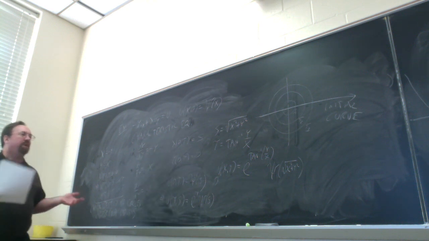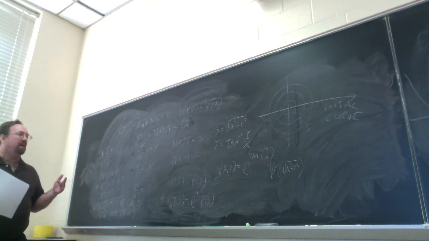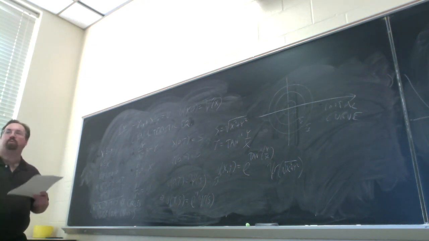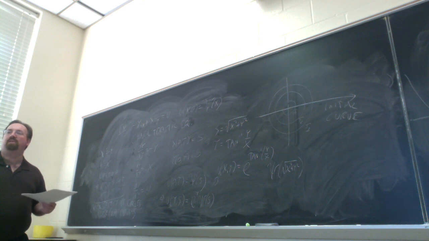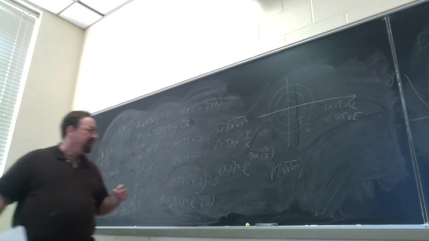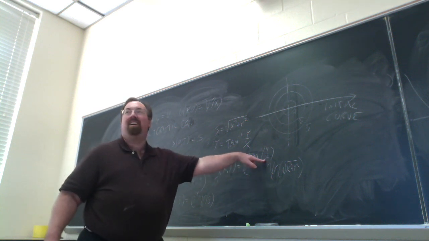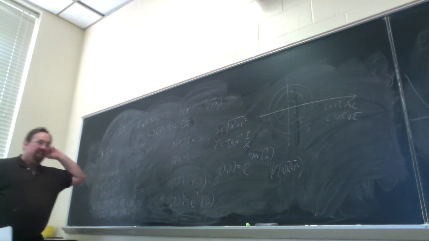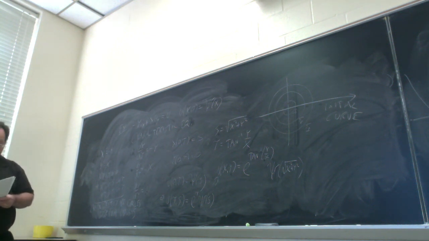The transformation from polar to Cartesian is well known to be invertible, except where? The origin, just the origin. In which case you definitely have a problem here, because that could be anything.